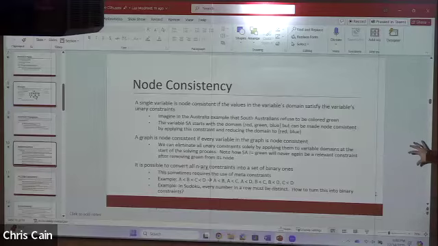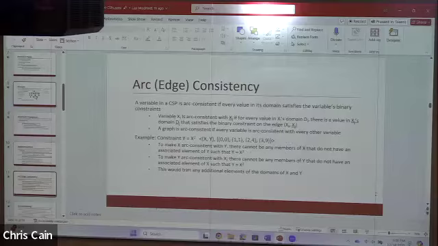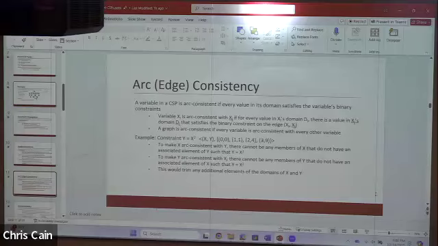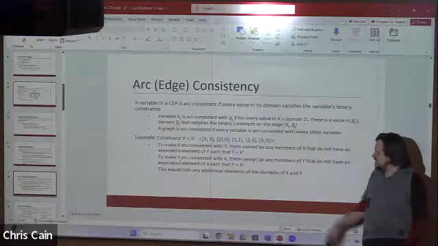We talked about graph consistency just being every node in that graph being node consistent. We talked about arc consistency, now working with pairs and the constraints between those pairs of variables. The example we used here was something like y equals x squared.